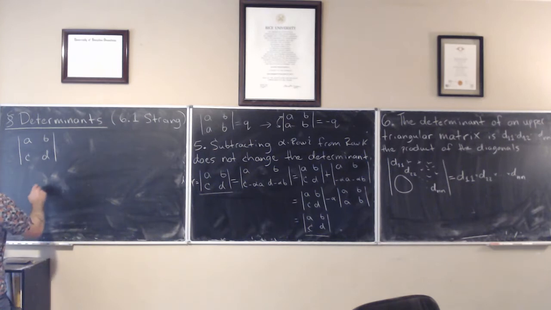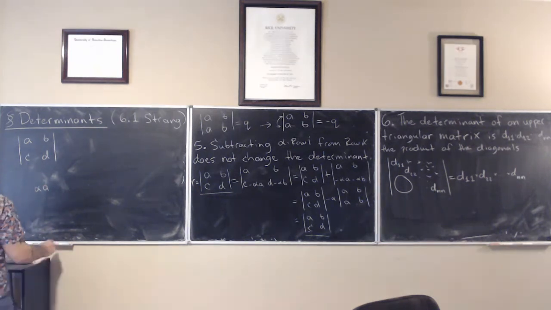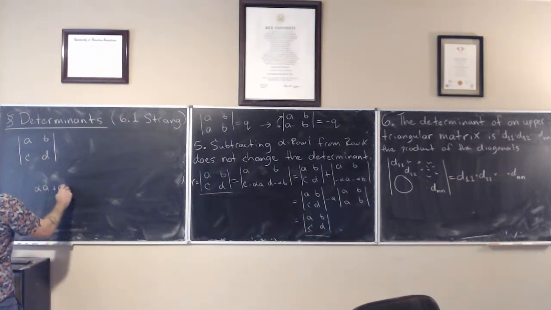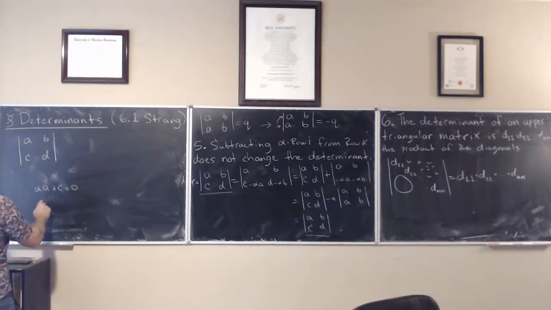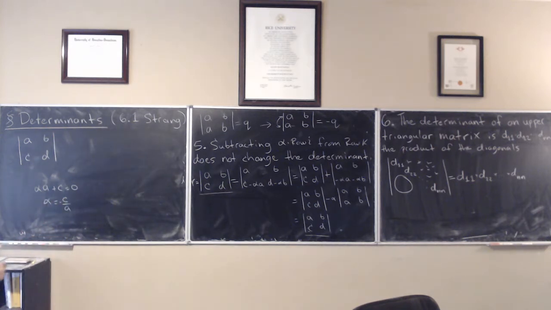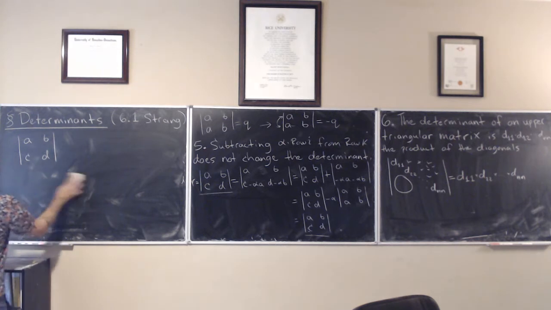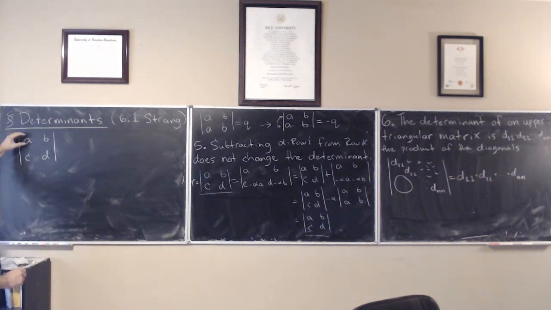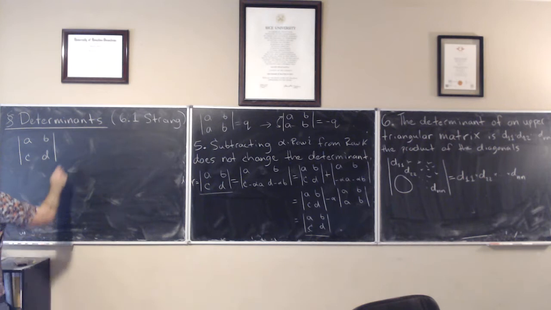So something times A plus C is equal to 0, which means that alpha is equal to minus C over A, right? If we multiply A times minus C over A and then add it there, that'll be a 0. So let's multiply that row and add it to this row by that amount.